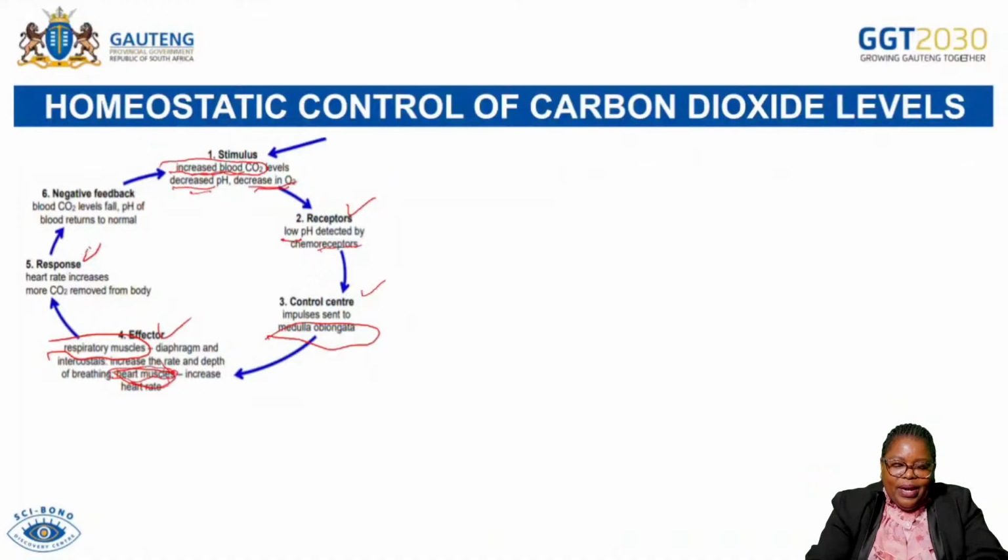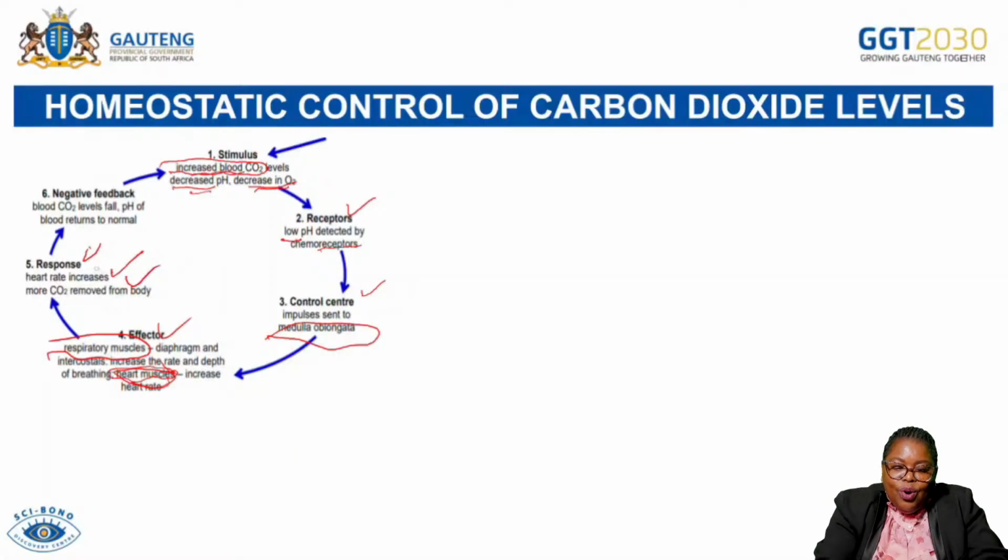What will then happen? The heart rate is going to increase and more carbon dioxide is going to be removed from the body. Remember, initially we had increased carbon dioxide in the blood.